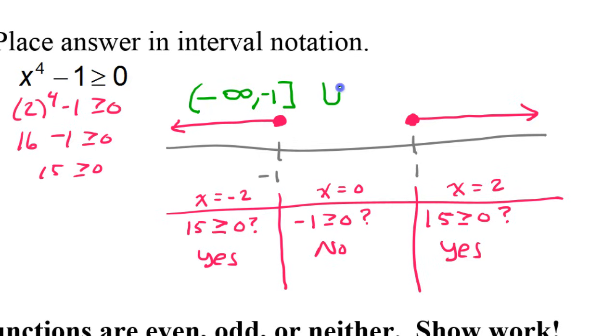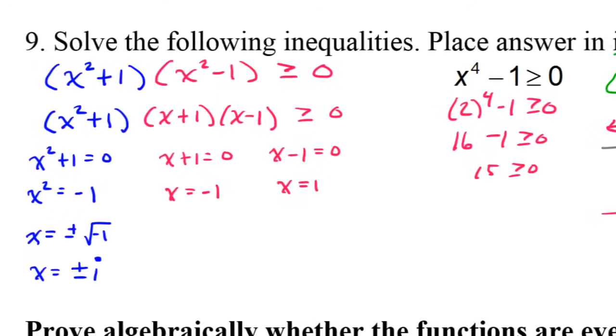And then I'll go union, and this is 1 to infinity. That's it. When I talk about interval notation, I'm talking about this. So that was number 9.